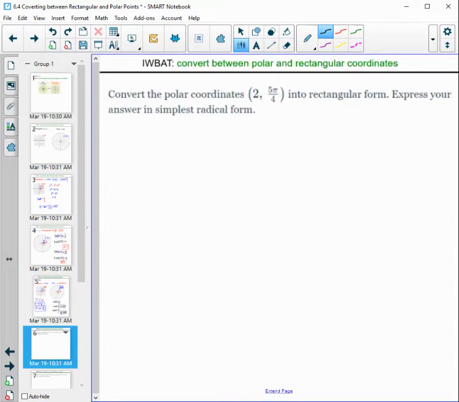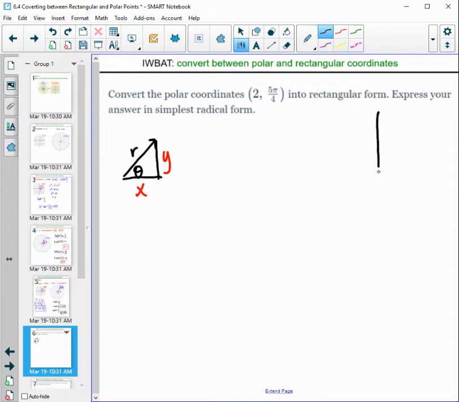All right, so let's use those. We're going to be converting from polar to rectangular. So we know the r and we know the theta. We are looking for the x and the y. Now that was just a generic drawing, so let's take a look at these actual points and draw them in a decent position, and by decent position, I mean you know what quadrant this angle is in.